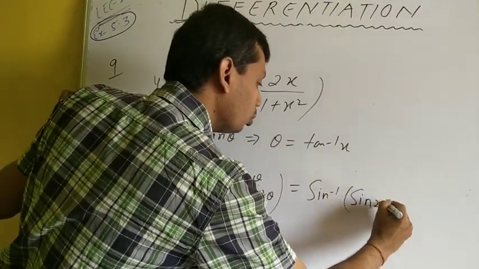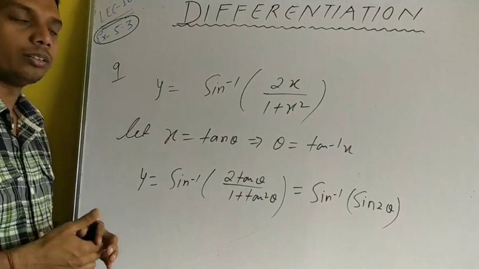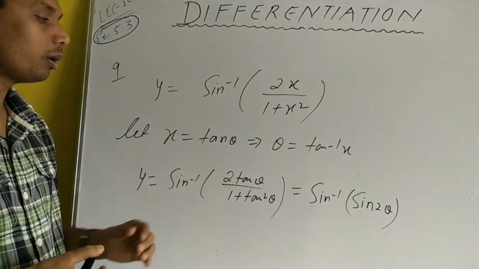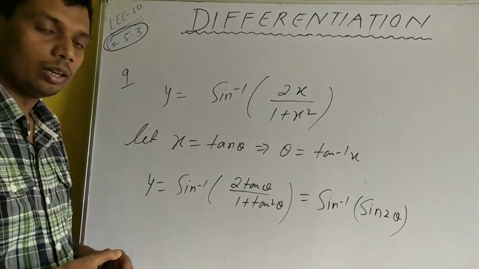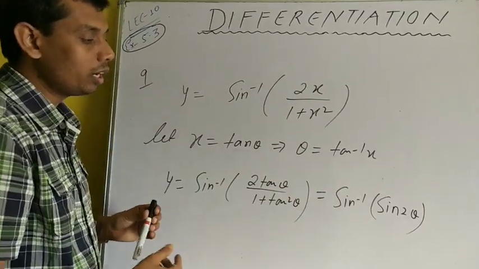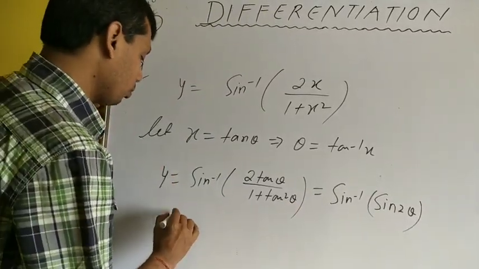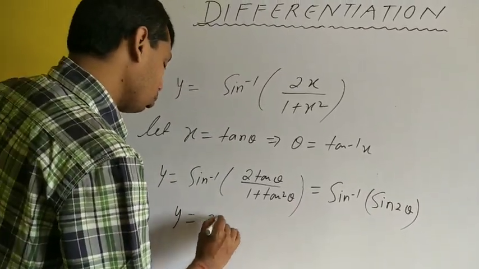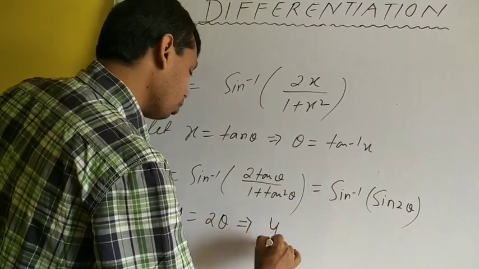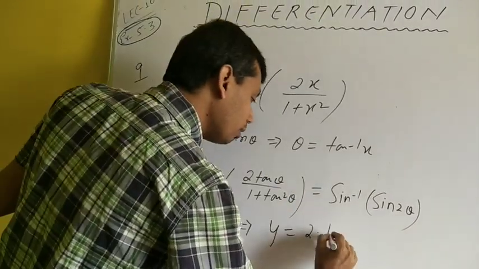Sine 2 theta, isn't it? So this can be replaced by sine 2 theta. Now sine inverse sine x is equal to x. So y is equal to 2 theta. This implies that y is equal to 2 times theta, and we have the value of theta.